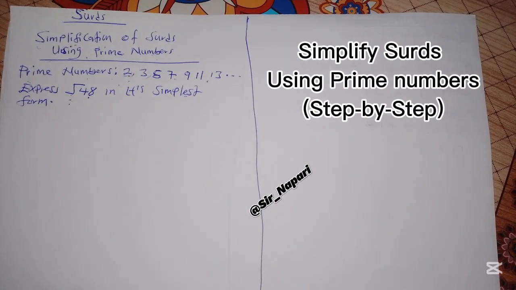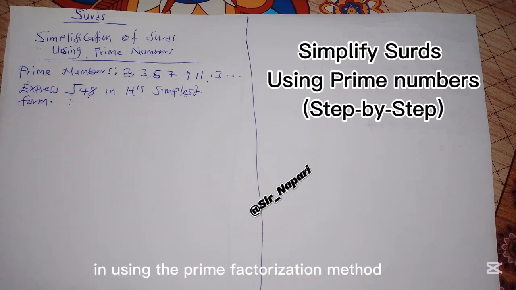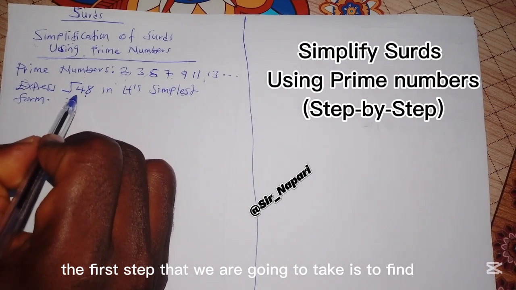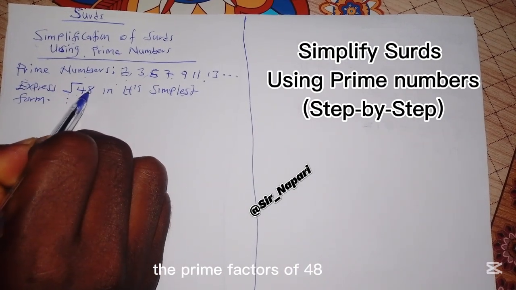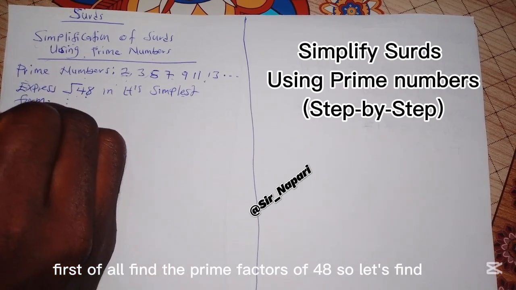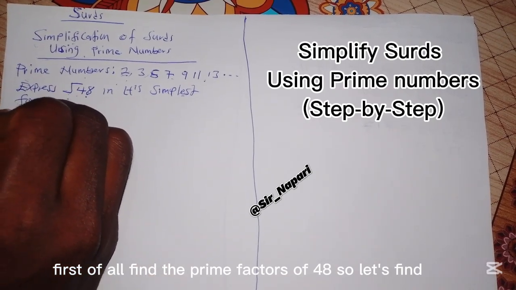Now, in using the prime factorization method, the first step that we are going to take is to find the prime factors of 48.